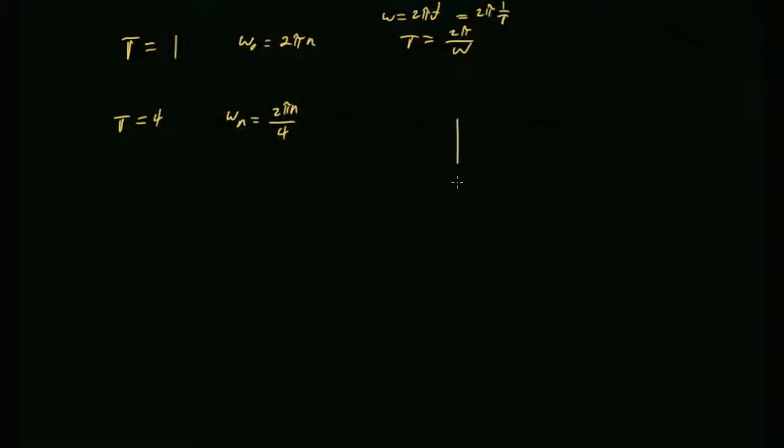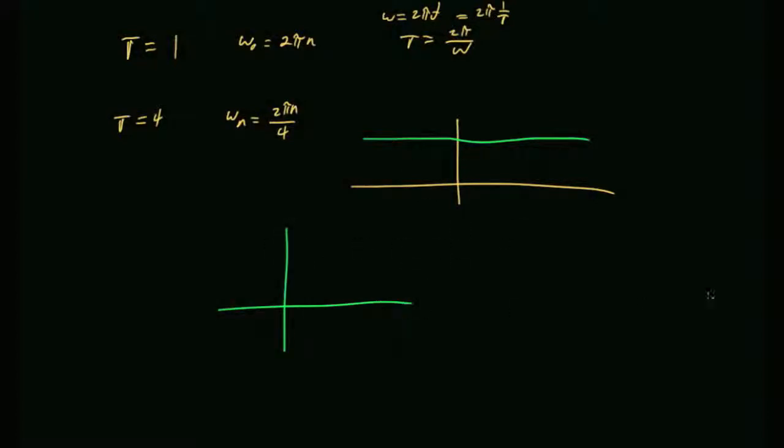As it turns out, the opposite is also true. I haven't begun to tell you why this makes sense yet, but if you have an impulse in time, then in the frequency domain, it's constant over all frequencies. So basically, this signal contains all frequencies. It contains a little bit at every frequency, and we're going to go into that, but we haven't yet.